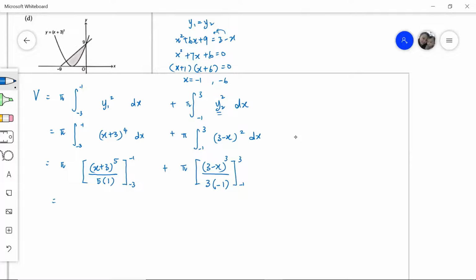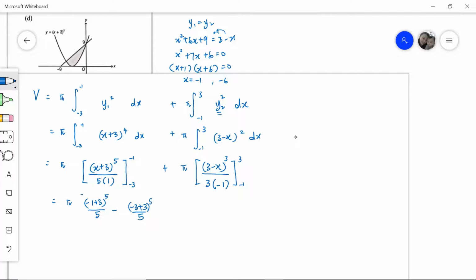Okay, now we substitute the value in our integrated expression. So over here, we have -1 plus 3 raised to the power of 5 over 5 minus -3 plus 3 over 5.